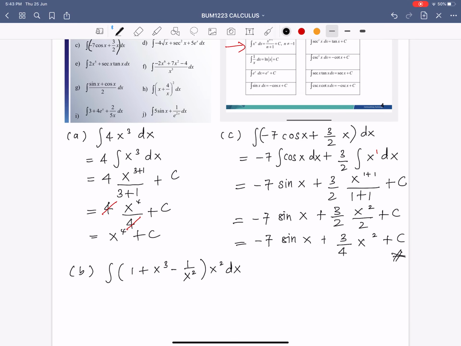In this case, what we have to do is expand the function first. You multiply 1 with x squared, so we get x squared.